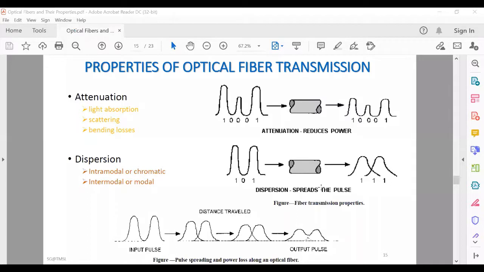An error occurs when the receiver is unable to distinguish between the input pulses, which is caused by the spreading of each pulse. The effects of attenuation as well as dispersion increase as a pulse travels the length of the fiber.